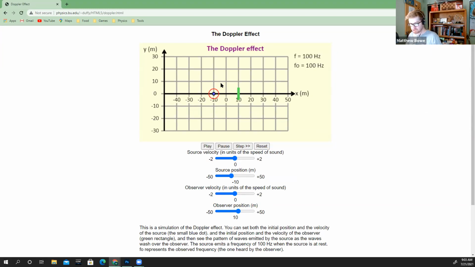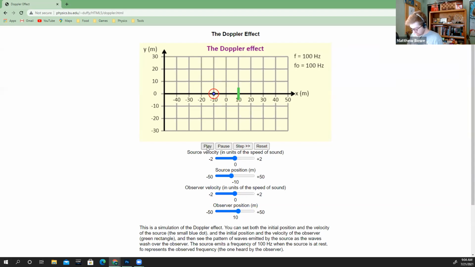We have the source as this dot on the left, and we have the receiver or observer as this green line on the right. It's stationary.